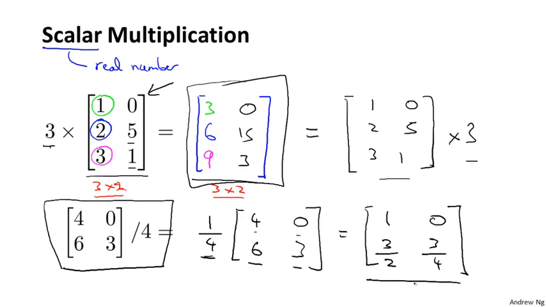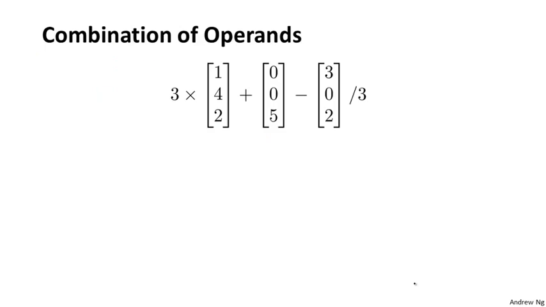Finally, for a slightly more complicated example, you can also take these operations and combine them together. So in this calculation, I have 3 times a vector plus a vector minus another vector divided by 3. Just to make sure we know what these are: this multiplication is an example of scalar multiplication, because I'm taking 3 and multiplying it. And this is another scalar multiplication, or scalar division, I guess.